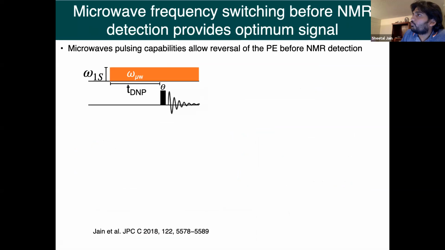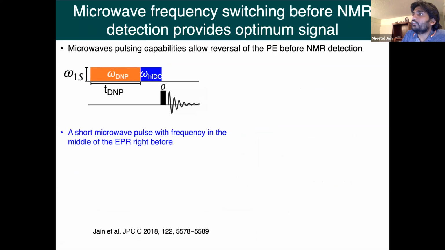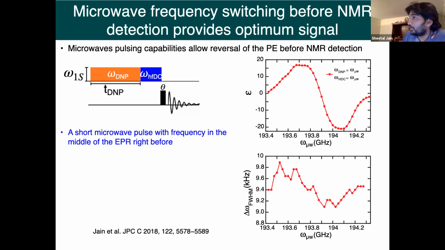Yes. So finally, what we can do with this type of understanding and what we can achieve for DNP experiments. Basically, we have seen that we don't need irradiation during the decoupling time, during the NMR signal acquisition. However, because electron spin saturation does not require a long irradiation time, if we can switch the frequency right before detecting the NMR, we could achieve so-called narrow lines.